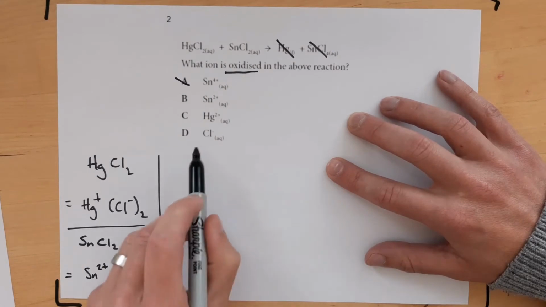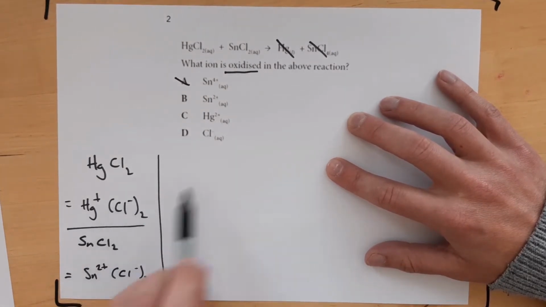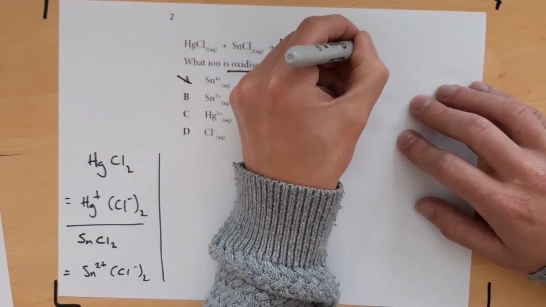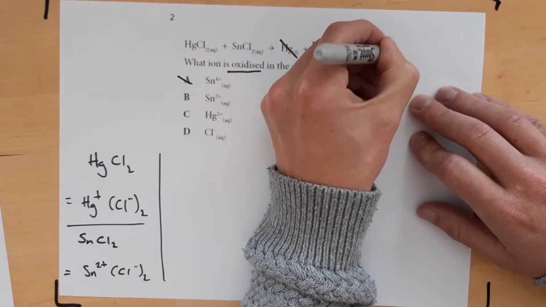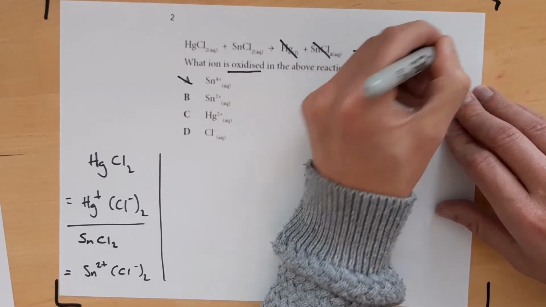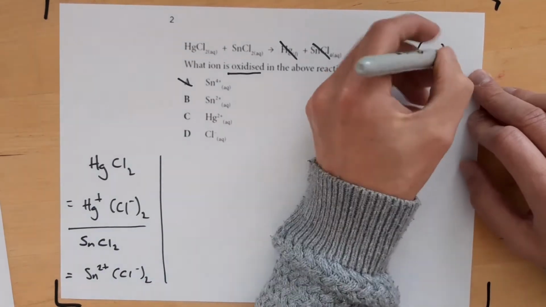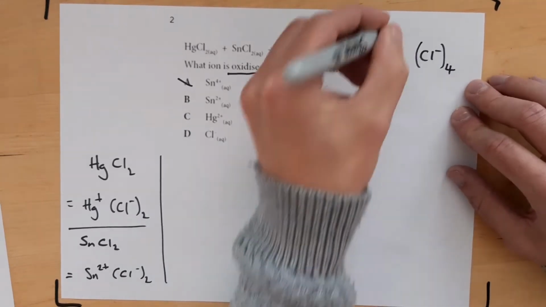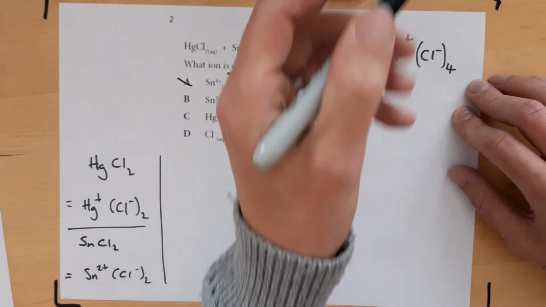Our Cl minus, well, our Cl minus here, it starts off as Cl minus, but what does it turn into? Well, this Cl4, well, we know our chloride is always going to be Cl minus. We've got 4 of them. The overall charge is neutral, therefore this must be 4 plus, but that wasn't really what we're after there.